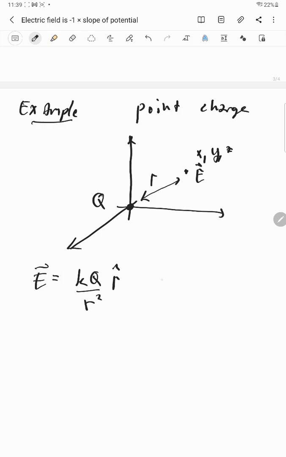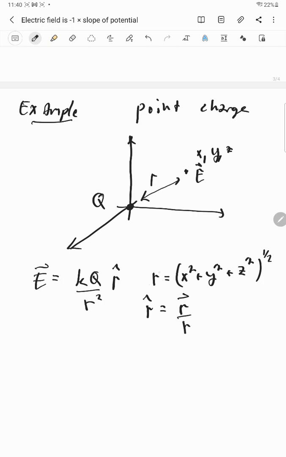So a couple things. So r is x squared plus y squared plus z squared. These are little 2's, but remember that it's the square root of the sum of the squares, right? Pythagorean theorem, where r is the hypotenuse. So that's what r is. So I know how to write down r squared, and r hat is the r vector divided by the length of r.